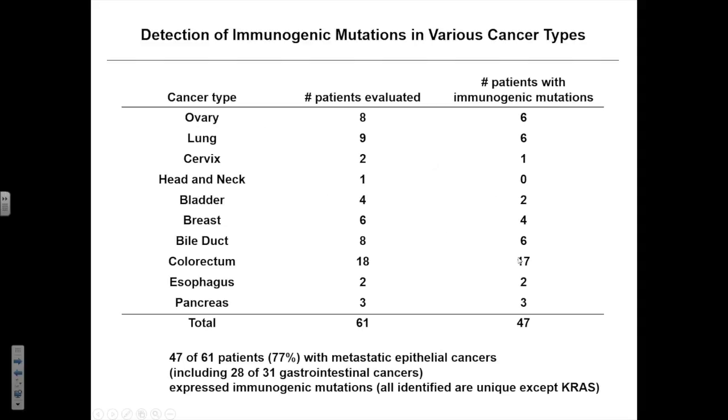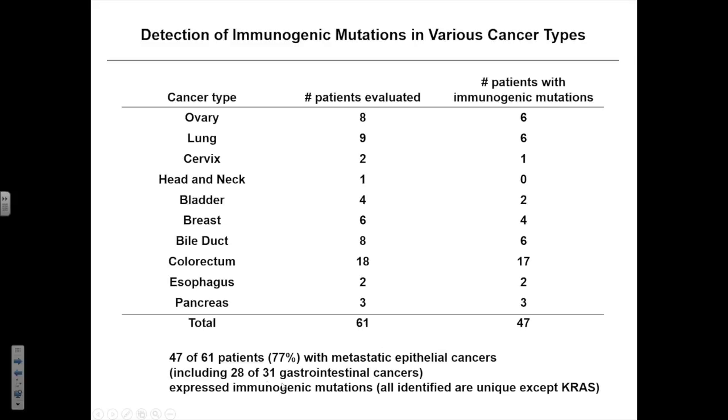And notice in virtually every one, we've been able to find immunogenic mutations. Now, not just mutations, but mutations that are actually recognized by a T cell that we could identify in that particular patient. So 47 out of these 61 patients, or 70% with metastatic epithelial cancers, had T cells that could recognize mutations, multiple mutations in many cases.